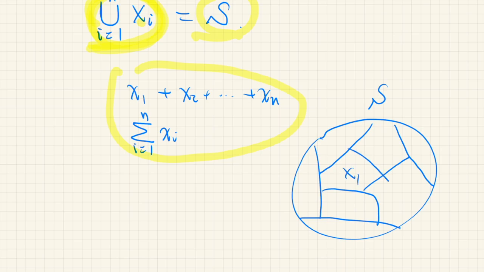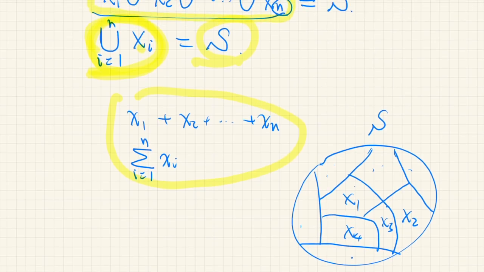So let's say x1 is like this, and x2 is like this, x3, x4, and so on. None of these subsets overlap with other subsets.